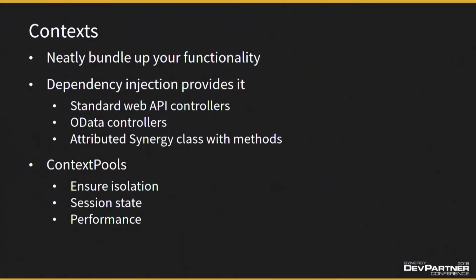We bundle up a lot of our functionality in the concept of contexts. So contexts are just chunks of your logic or chunks of configurations, already set up things that we can use dependency injection to pass throughout the various bits of your application. So the idea is that if you're writing a piece of logic, ideally you would not have to know where your EF Core context comes from.